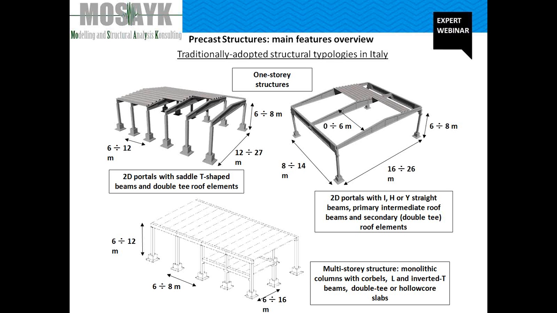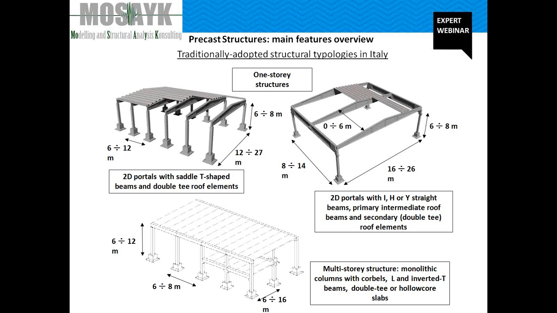It substantially consists of a series of basic portal frames parallel to each other. Each portal comprises, let's say, two columns fixed at the base, and the roof beam usually simply supported by the columns or characterized by shear resistant connection.